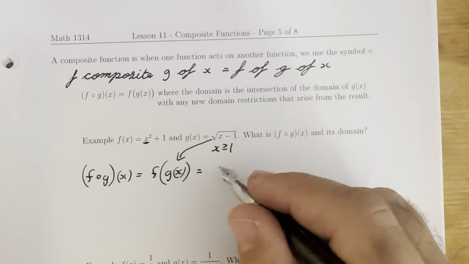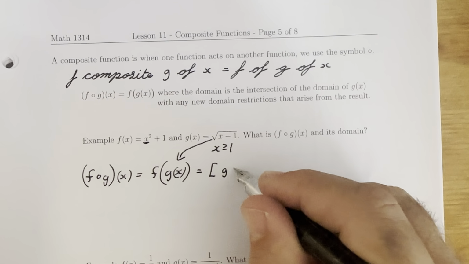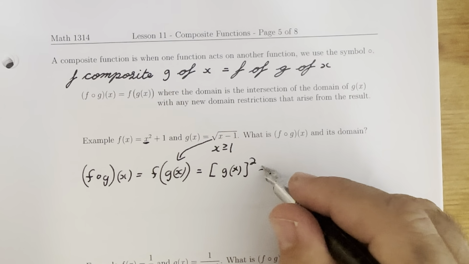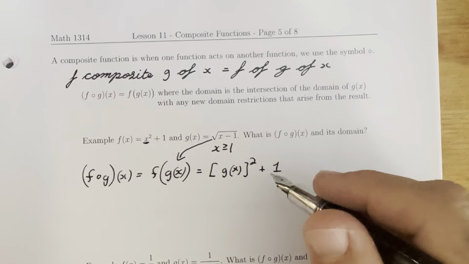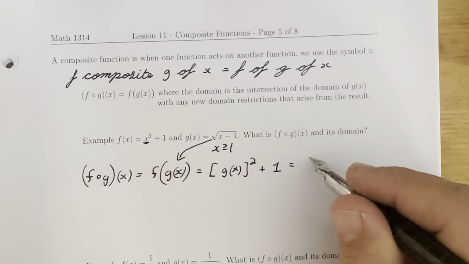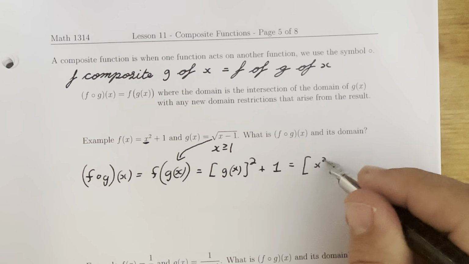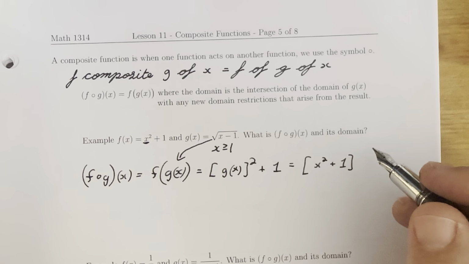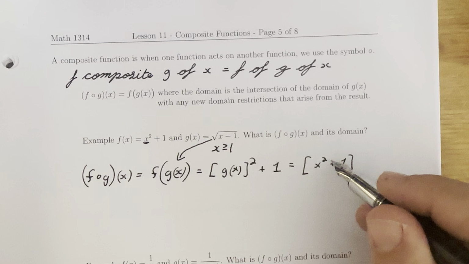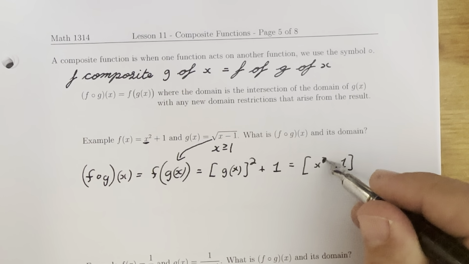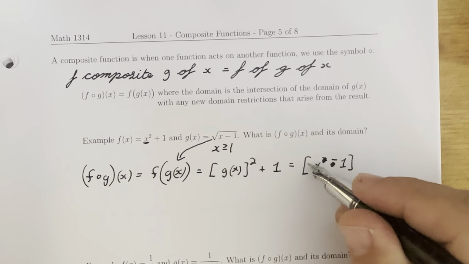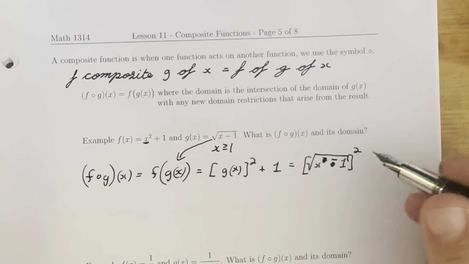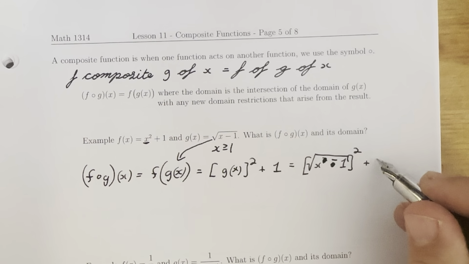And so this will become g of x squared plus 1, or simply x squared plus 1, with x minus 1 quantity square rooted, quantity squared, and then plus 1.